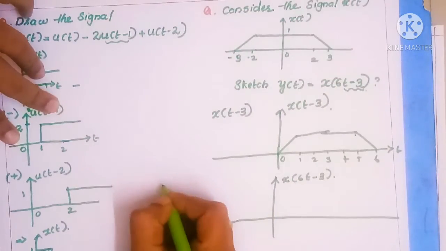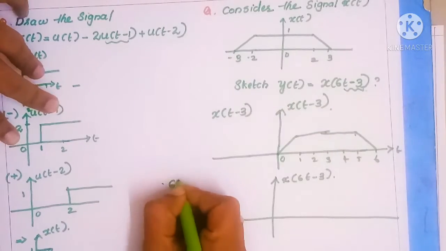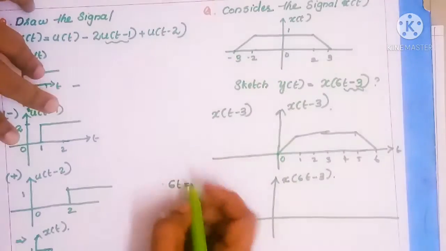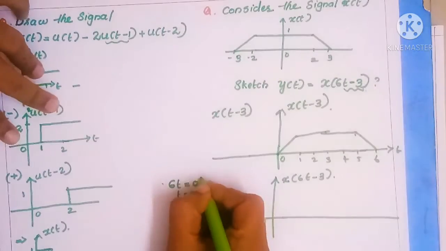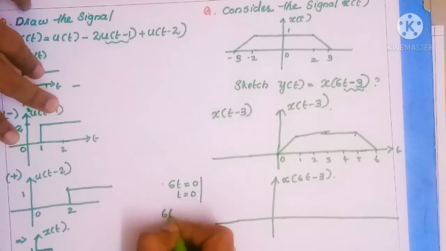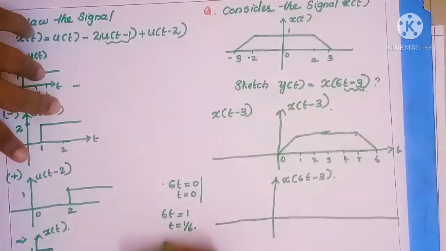First we take this 0. Here our 6t is equal to 0, then t is equal to 0. Also we can take 6t equal to the next time value 1, then t is equal to 1 by 6. Okay, next time value, 6t is equal to 2, so t is equal to 2 by 6.